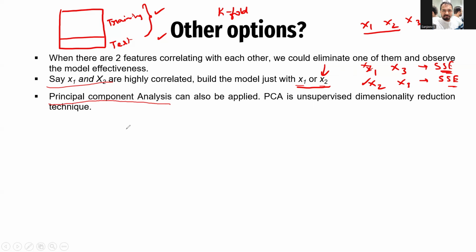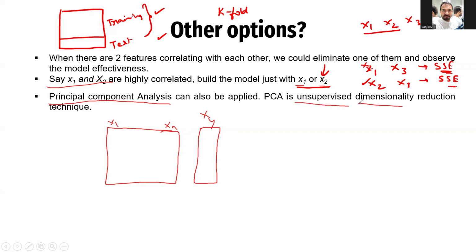Principal component analysis takes all your independent features. Let us say this is my independent features and this is my dependent feature. These are x1 to xn, and this is my y. In principal component analysis, it will not be looking at y. It will only be looking at all the independent features. That is why it is called unsupervised dimensionality reduction.